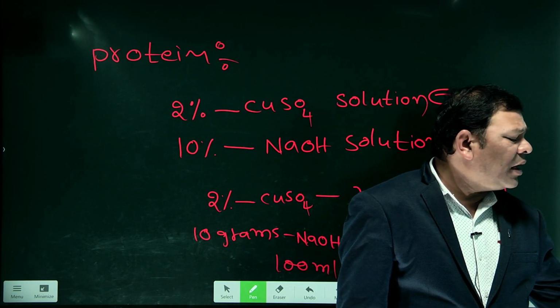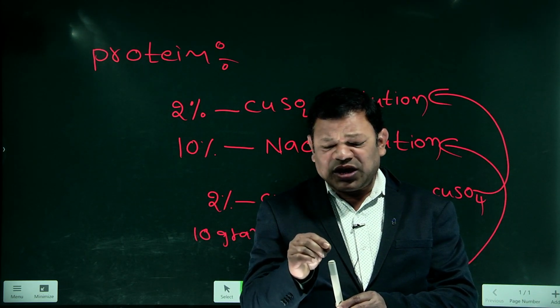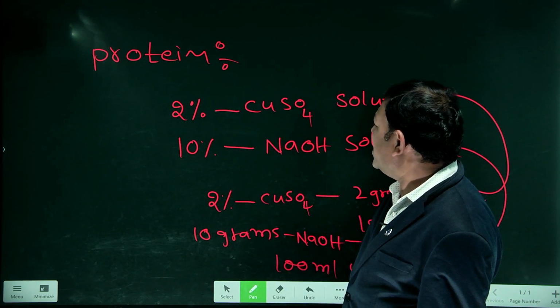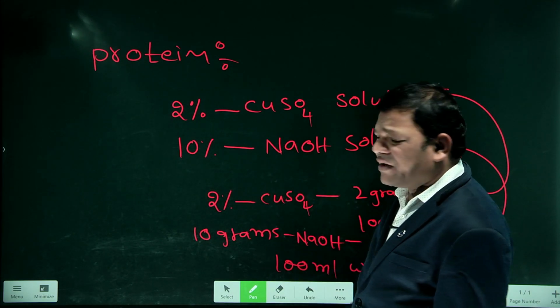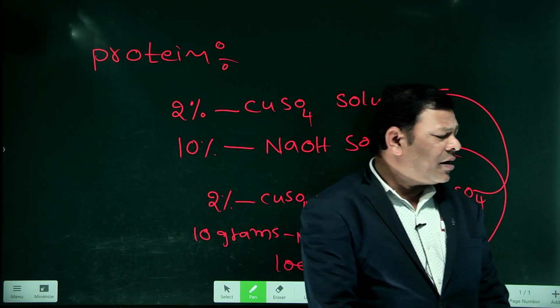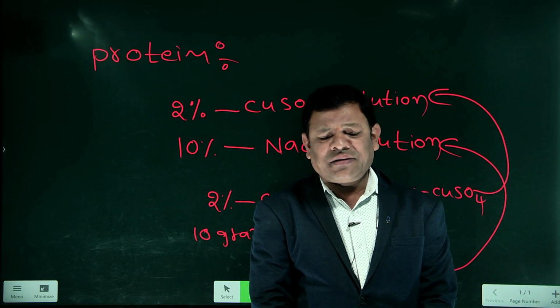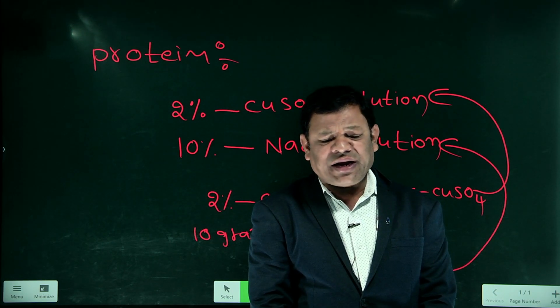Now, whatever the food is, if it is a protein, we add the 2% copper sulfate solution and 10% sodium hydroxide solution. If it is a solid, you can grind it.